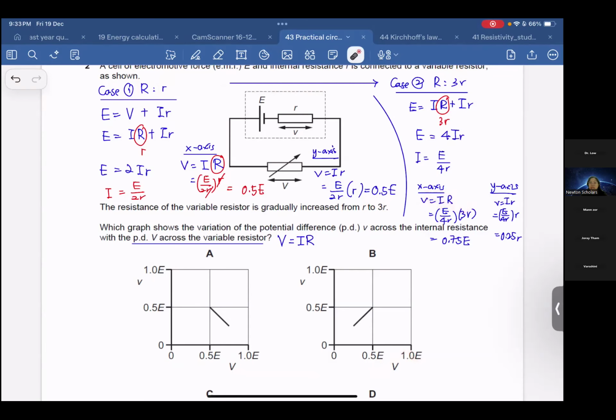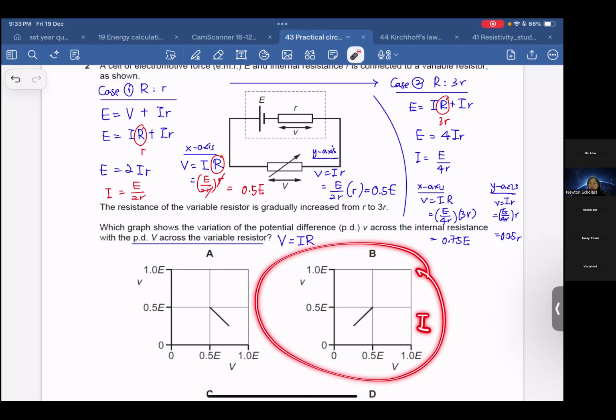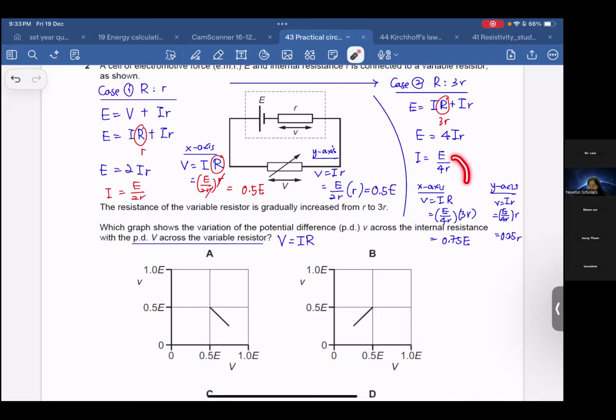I cannot use the current because in this graph there isn't any current. They are in terms of E. So we need to do substitution and make the I disappear, then make the E appear in the formula. So E over 4R times the resistance right now, 3 ohm. Then we get 0.75 E.